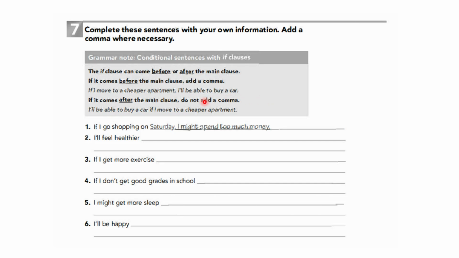Siempre. Ahora bien, esas cláusulas se invierten también. Yo puedo decir, I will have kids if I get married. ¿Qué yo acabo de hacer? Yo acabo de cambiar de posición las cláusulas. La cláusula if ahora está al final y la cláusula resultado la puse al principio.